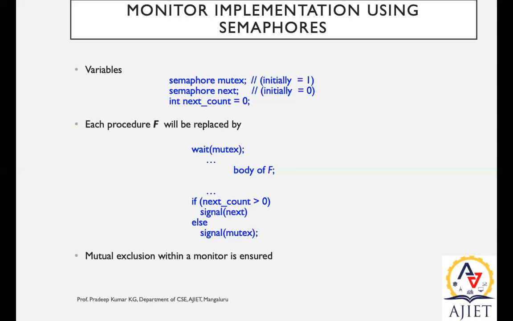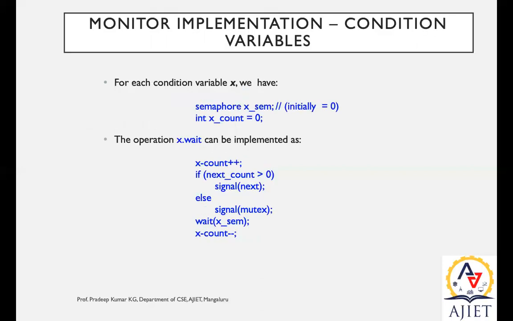Then, if the condition is satisfied and that process finishes its execution, the rest will come into the picture one by one from the queue. That is what it says.